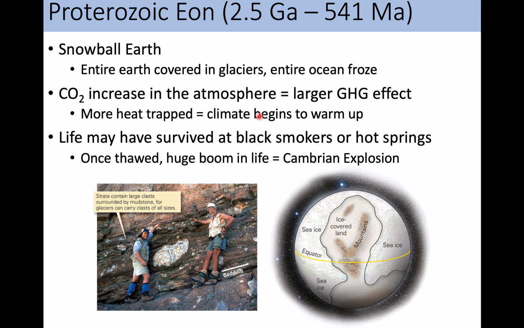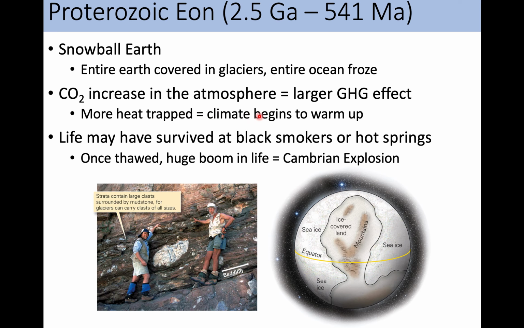After this thaw is where we had a really huge boom in life on Earth that we call the Cambrian explosion. Before this snowball Earth, we had multicellular life, but they didn't have shells yet.